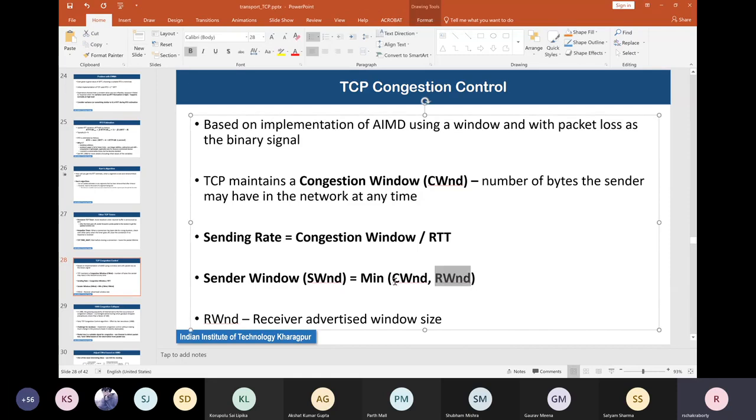But if I calculate that my congestion window is 1 kilobyte, even if 2 kilobyte is available, I will not send more than 1 kilobyte. Because if I send 2 kilobyte, the receiver might process it, no problem, because it has 2 kilobyte free space in its buffer. But the problem is network will not be able to process it too well.